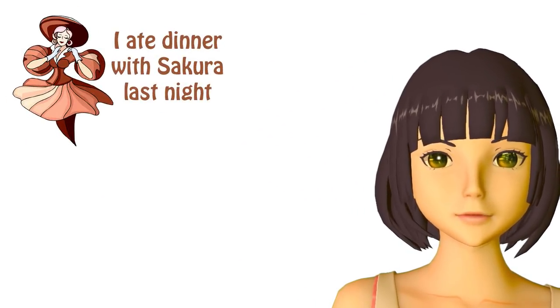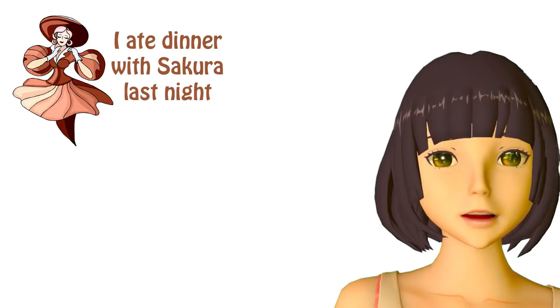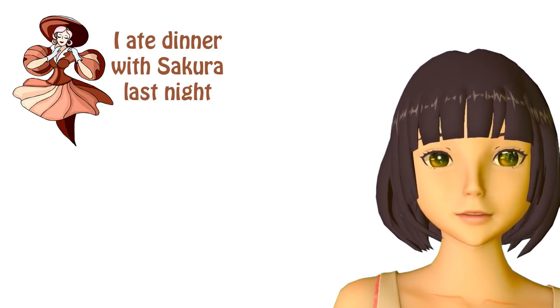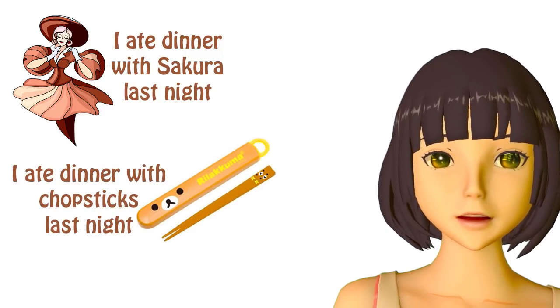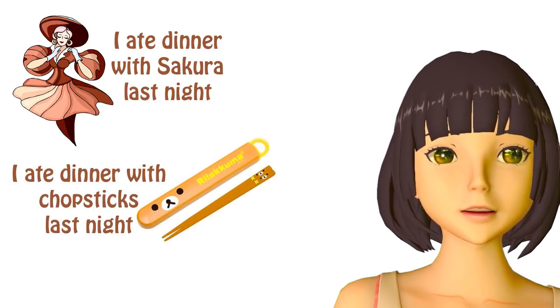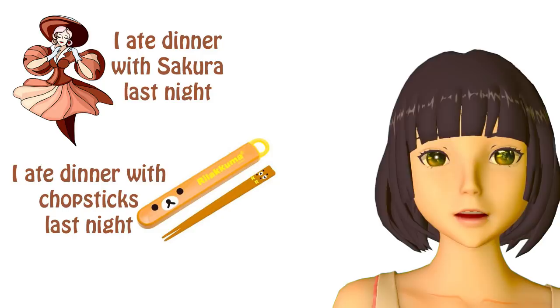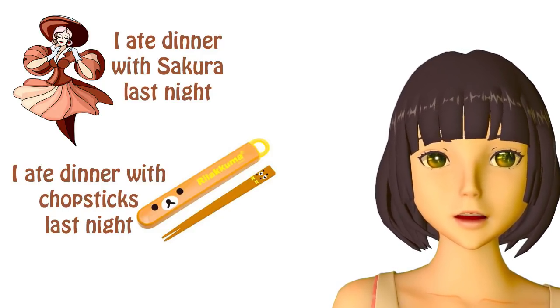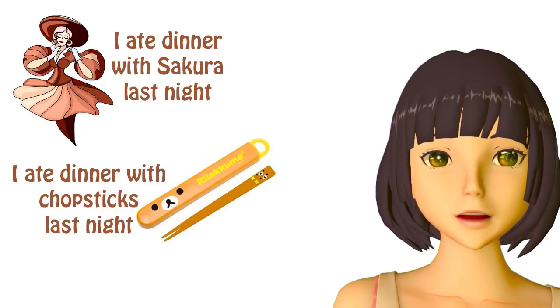So, for example, I ate dinner with Sakura last night is not generally considered to be an ambiguous sentence. I ate dinner with chopsticks last night is also not considered to be an ambiguous sentence. But you can see that they are structured identically, but they work differently.